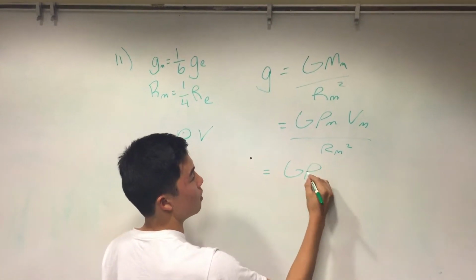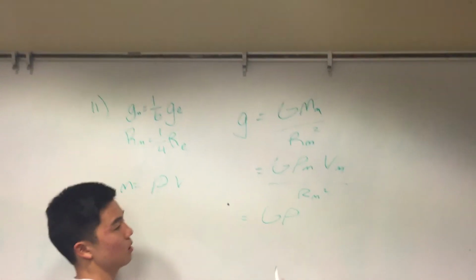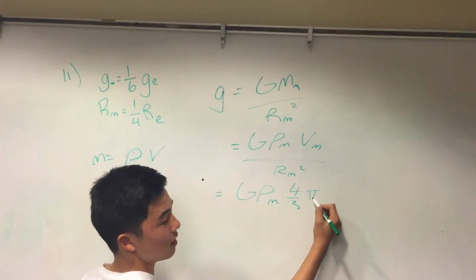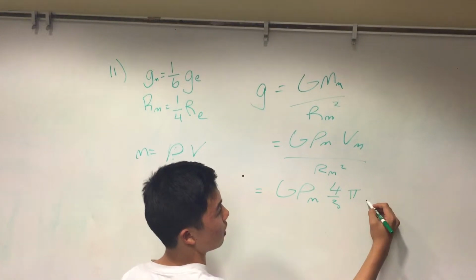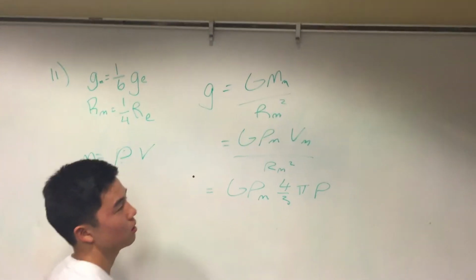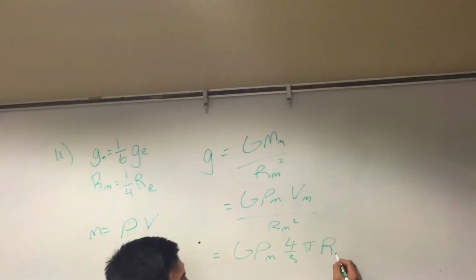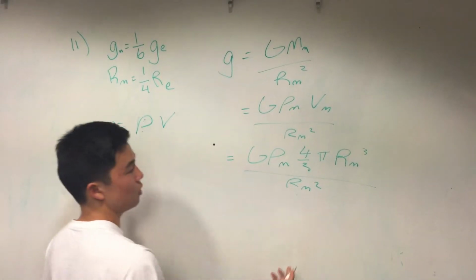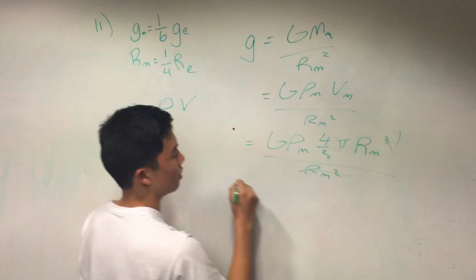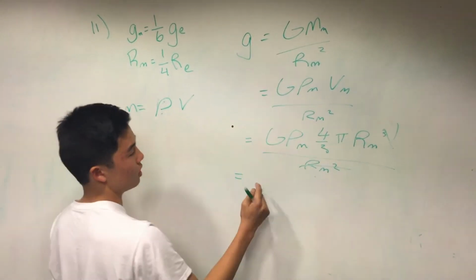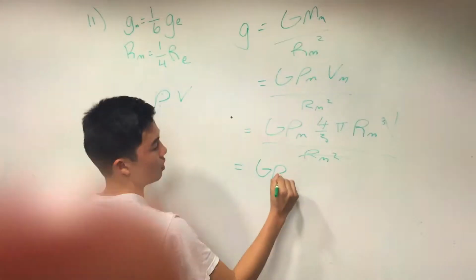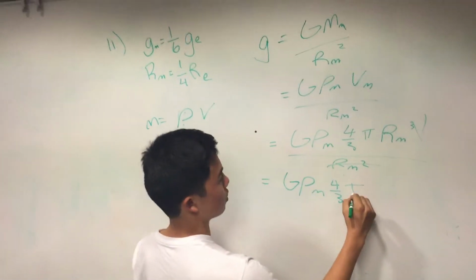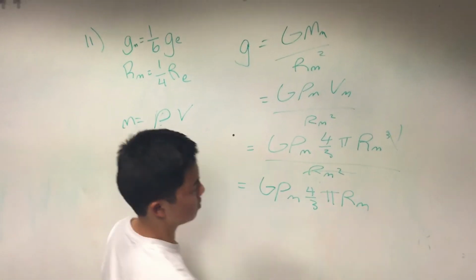And then the moon is a sphere, so to find the volume of the moon, you do 4/3 pi radius of the moon cubed. And then you do some simplifying, and then you get g equals G times the density of the moon times 4/3 pi radius of the moon.